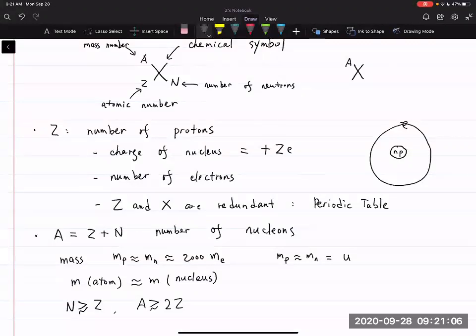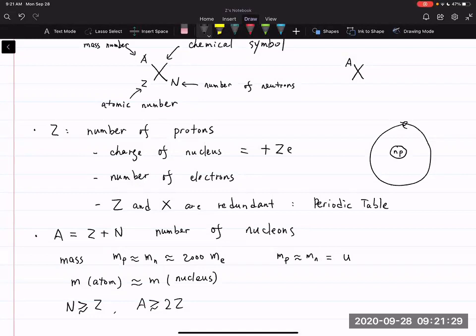With X, you can look up the periodic table and find the atomic number, how many protons are inside the nucleus. Then with the total mass number A, you can use A minus Z to find the number of neutrons. So we don't need to write down the number of neutrons.